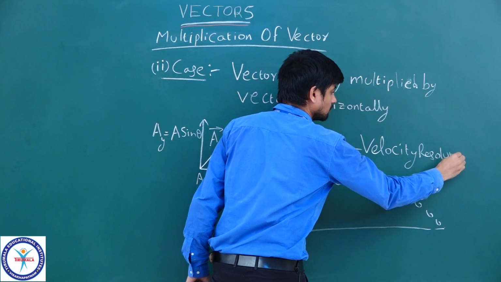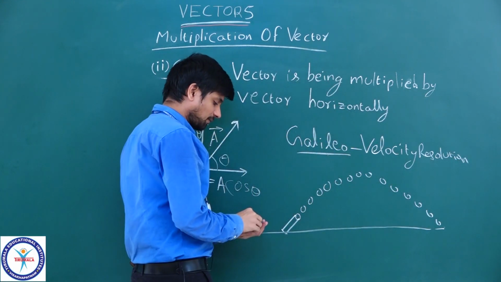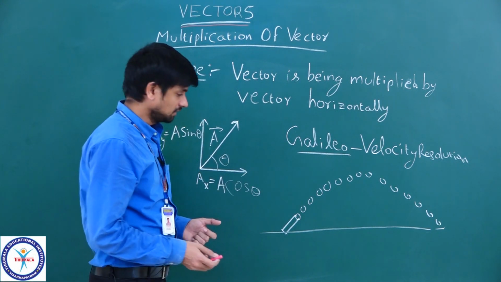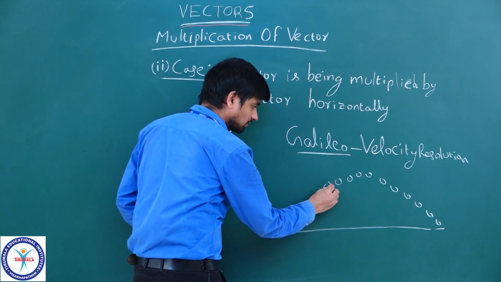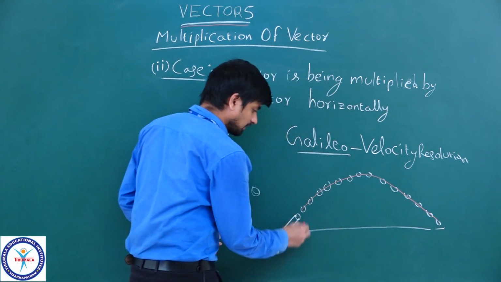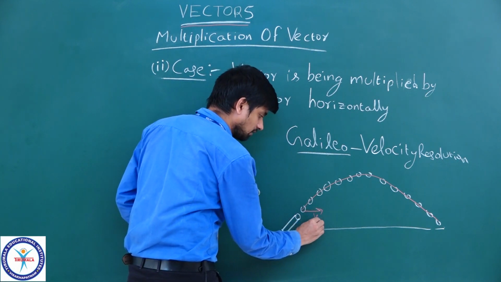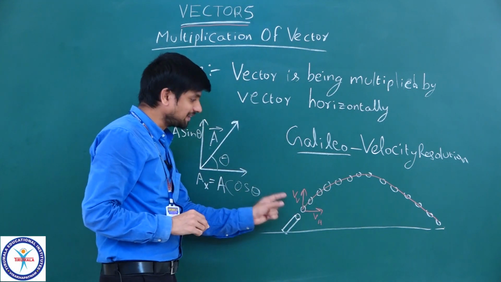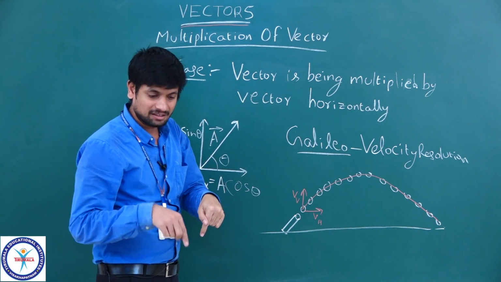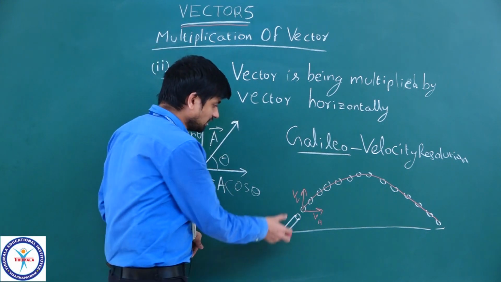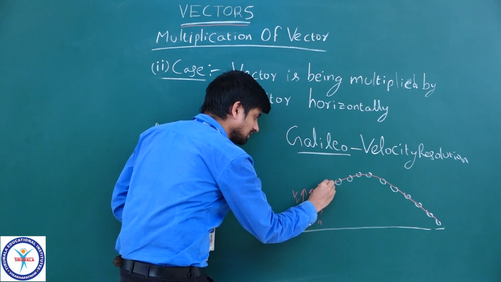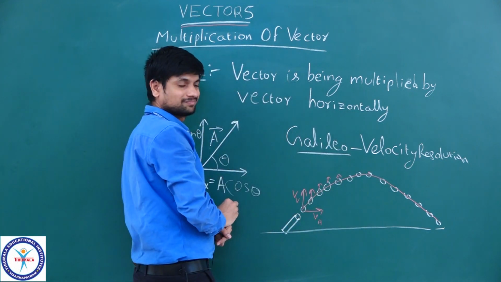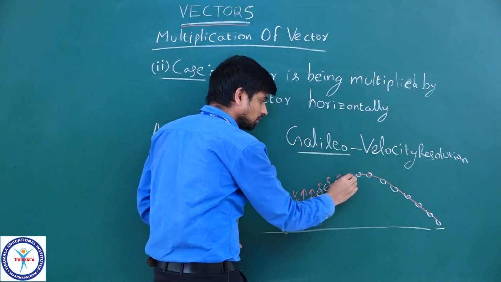The velocity you give has two components, a horizontal component and a vertical component. The vertical component is cancelled by the acceleration due to gravity, so it becomes lesser and lesser. After reaching maximum height, it becomes 0.